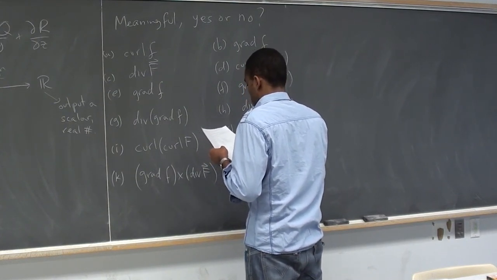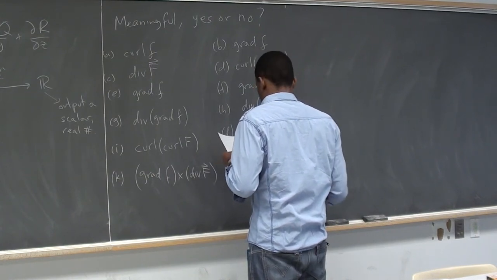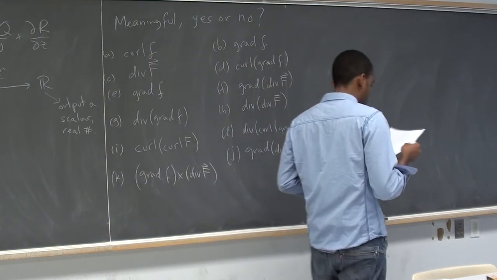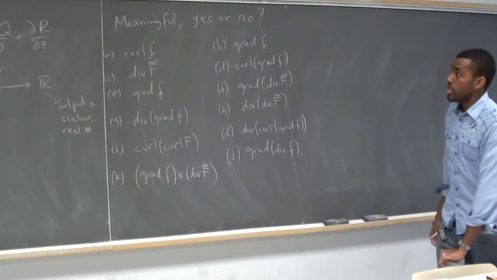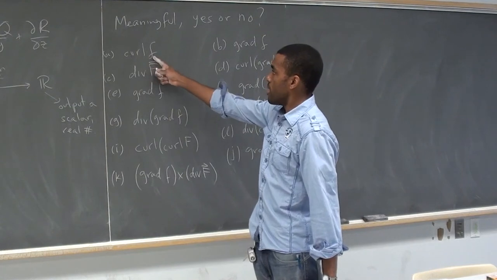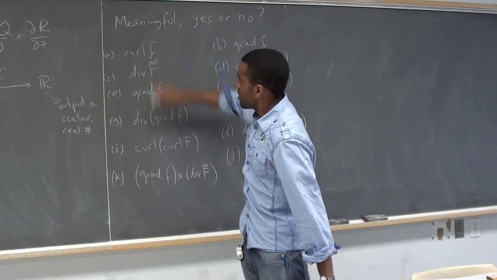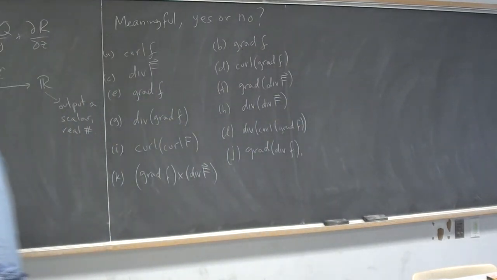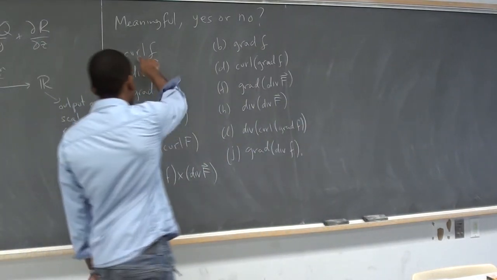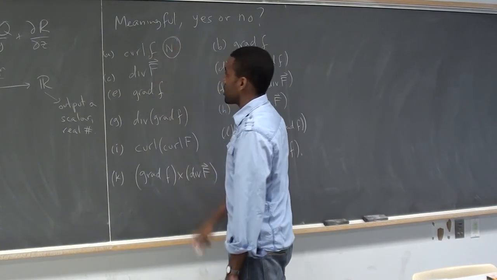Is actually the grad. Right? So which one makes sense here? Can I take the curl of f? No, f is a scalar field, right? In curl, your input is a vector. They put a curl in front of a scalar function. No, that does not make sense.